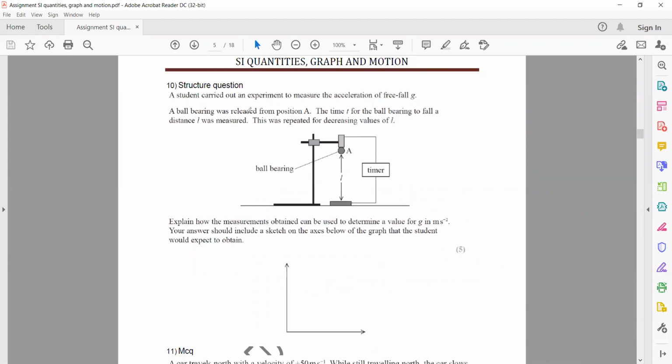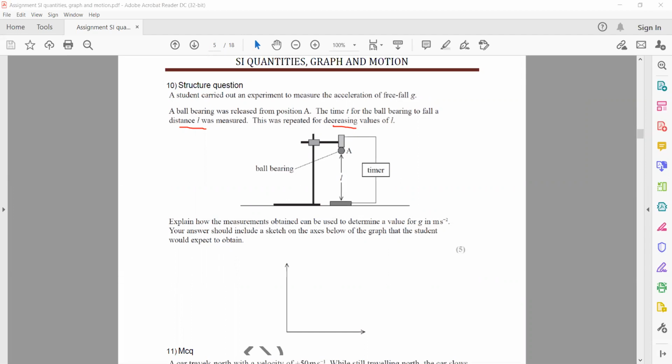A ball bearing was released from position A. The time t for the ball bearing to fall a distance L is measured, and this was repeated by decreasing the value of L. So we change the value of L, the height is changed, and we are finding the time. Explain how the measurements obtained can be used to determine the acceleration due to gravity g in meter per second square. Your answer should include a sketch on the axes below that the student would expect to obtain.